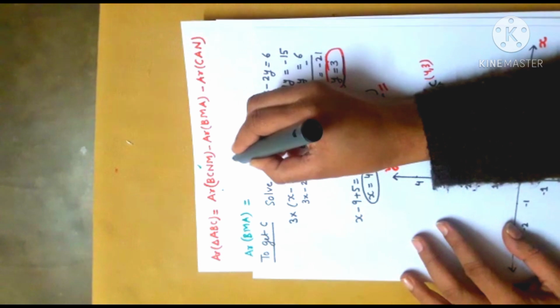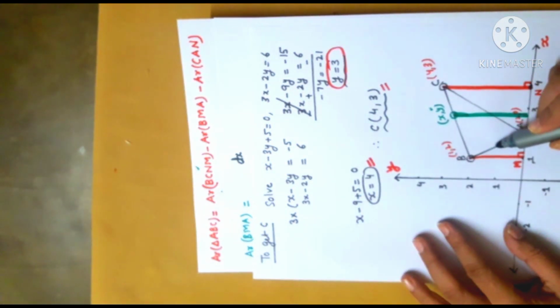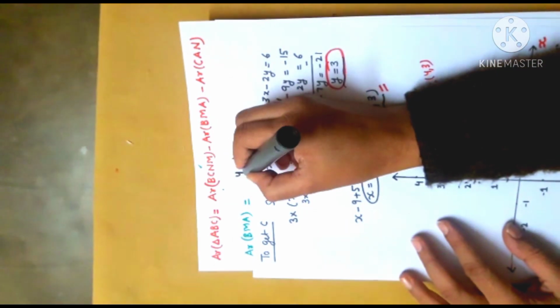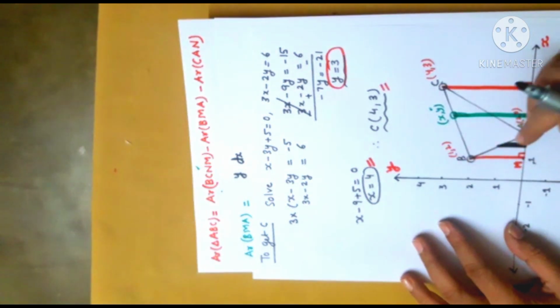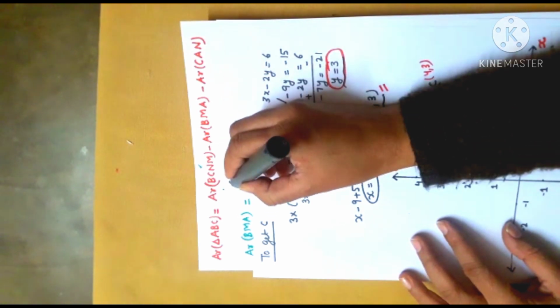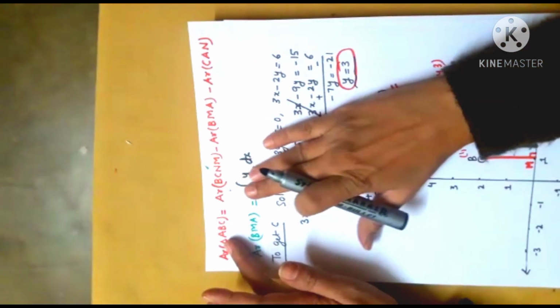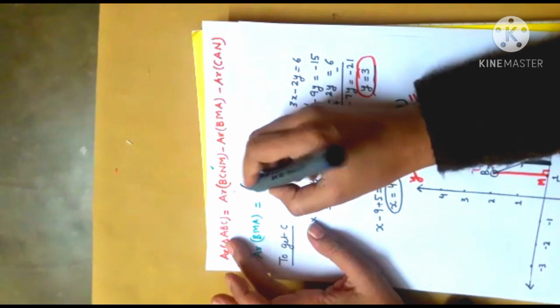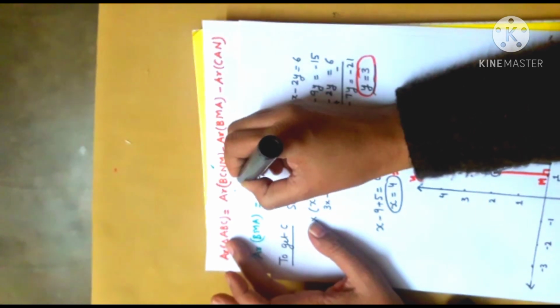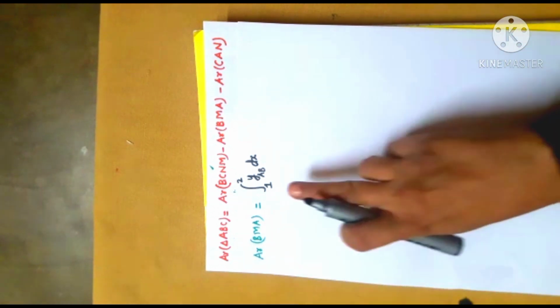Now width of the strip will be dx and length of the strip will be equal to the y coordinate of the point. And as the point lies on AB, we will use y of AB. And to cover this region, the strip will move from 1 to 2. So limits of integration will be from 1 to 2. Right? So now I need to evaluate this.